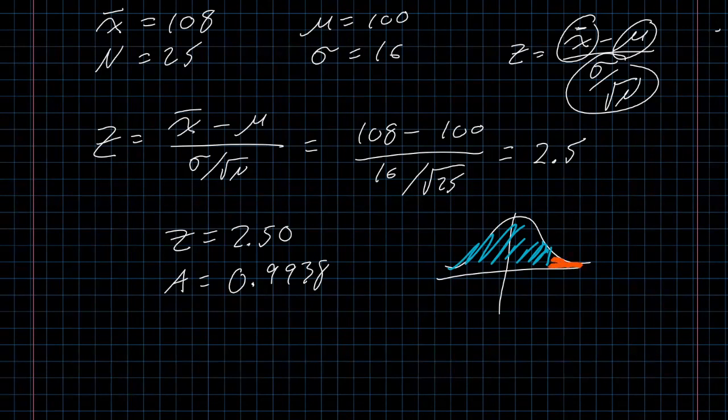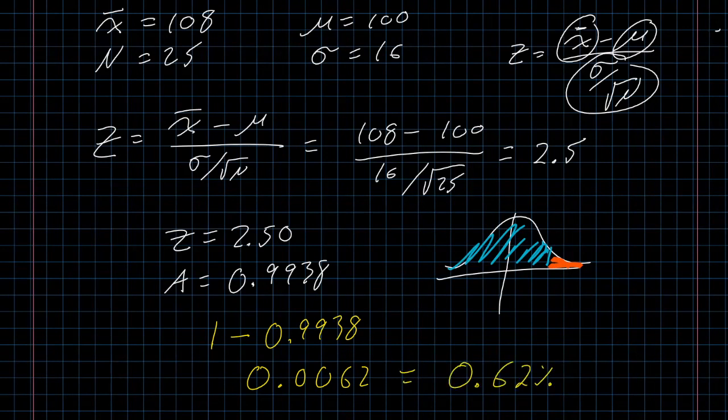I want above. So I need to take 1 minus 0.9938, which is 0.0062, or 0.62%.